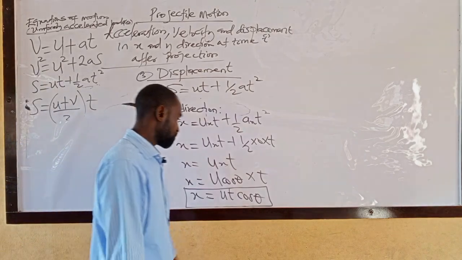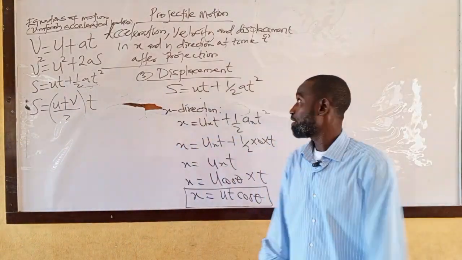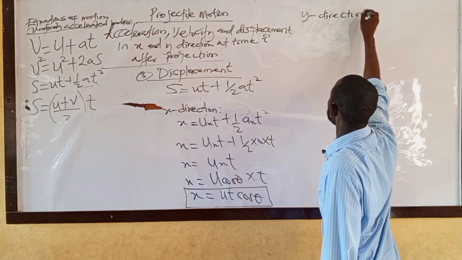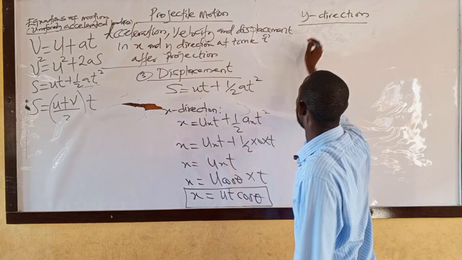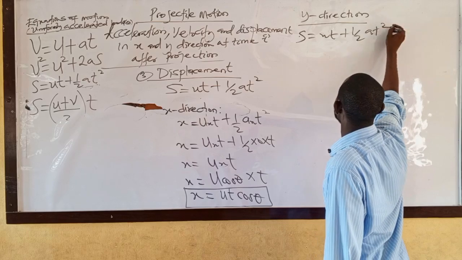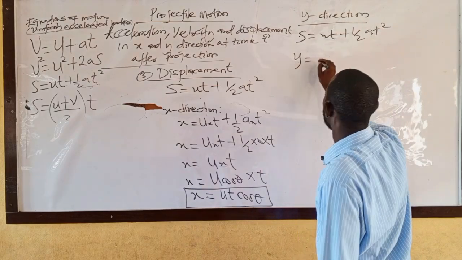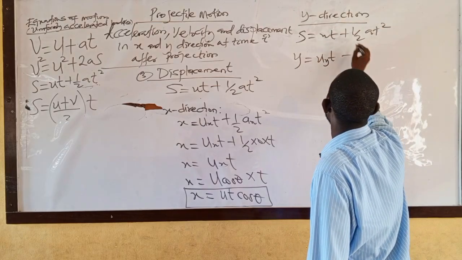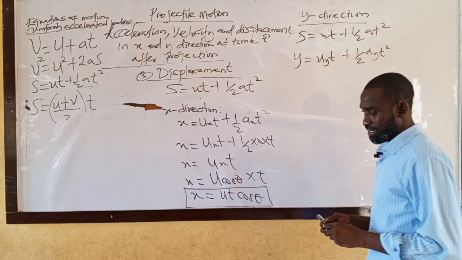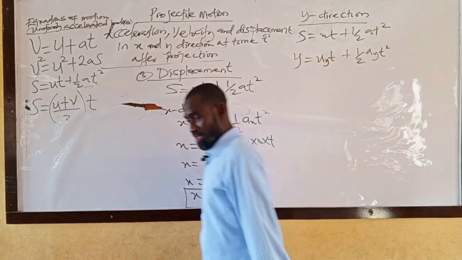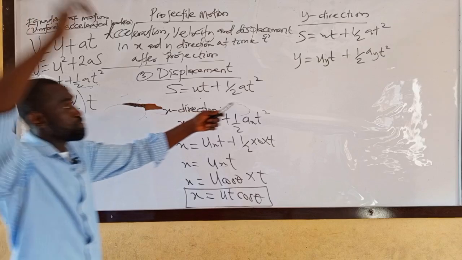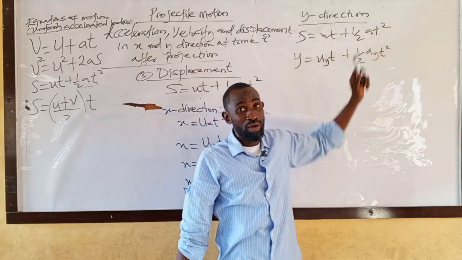Let's go to the next one, the vertical direction, the y direction. So we have y equals uyt plus half ayt squared. Now, in this case our y is upward, so our g goes to minus; ay goes to negative g.